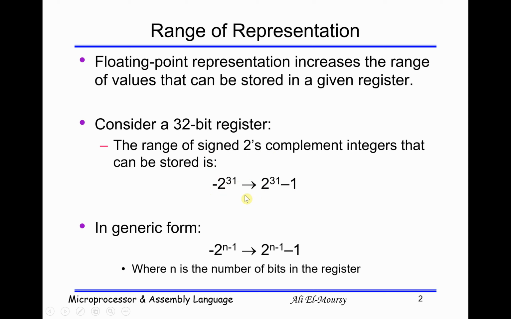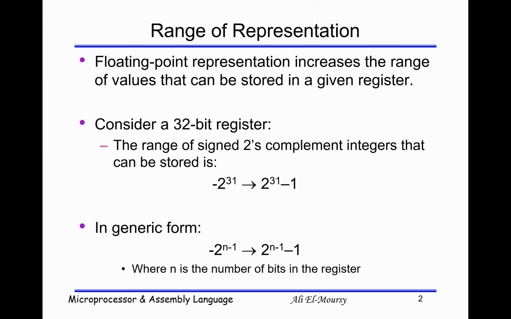These integer numbers are equally spaced: 0, 1, 2, 3, until we reach 2 to the power 31 minus 1, and similarly in the negative. In both positive and negative, I only represent the integer values.